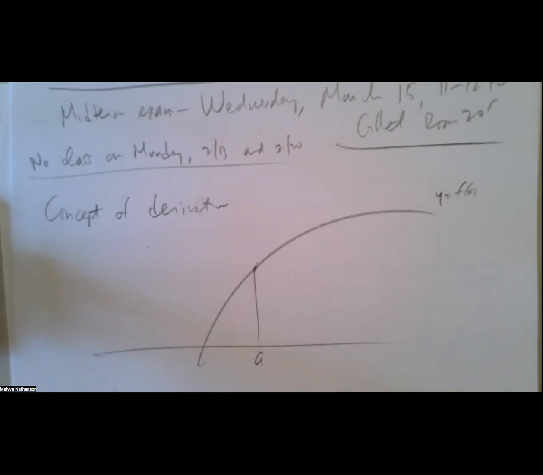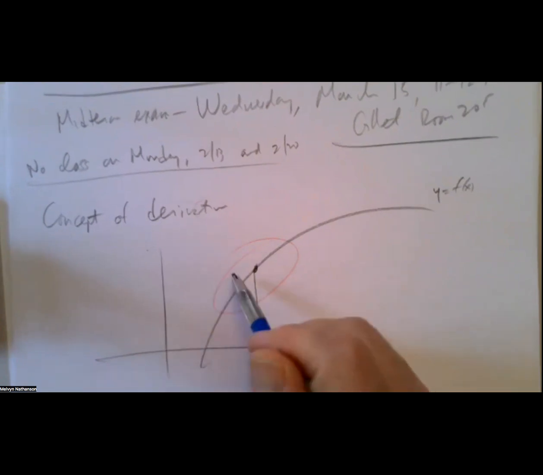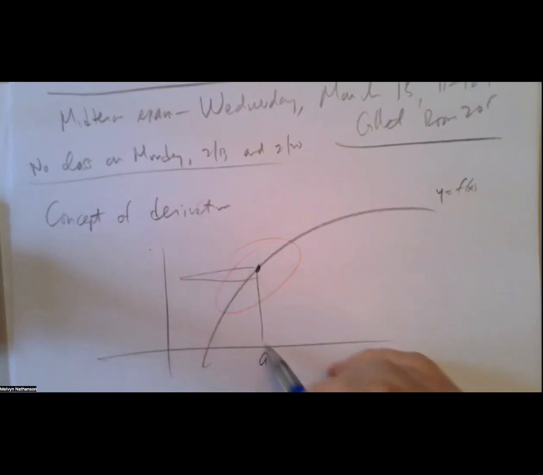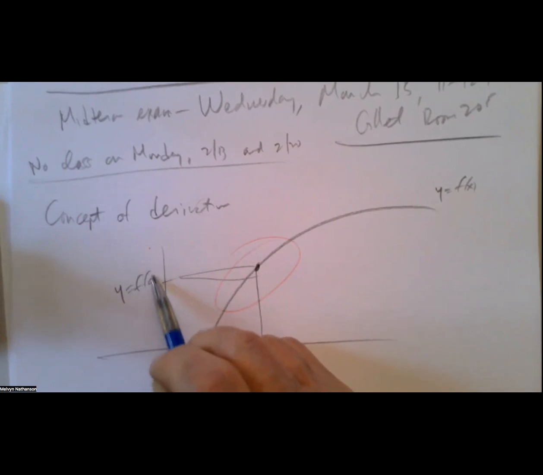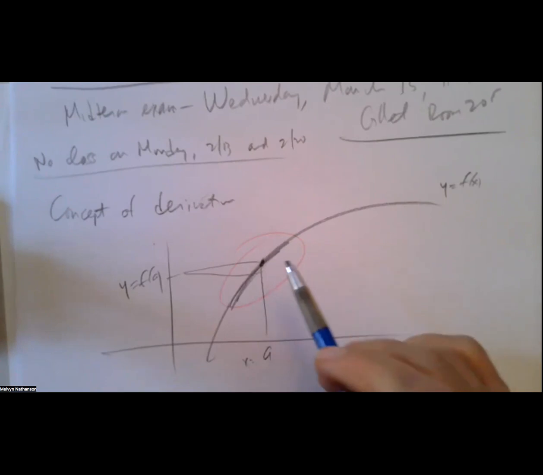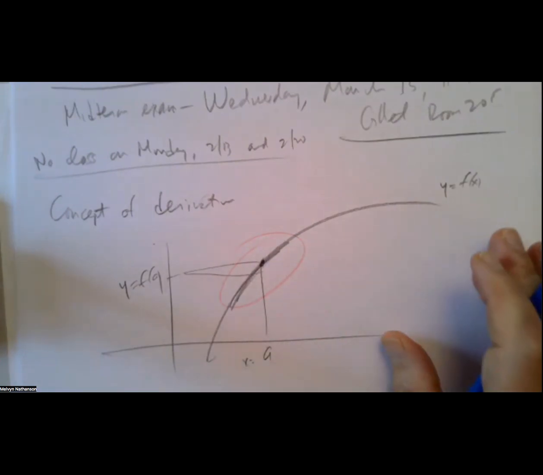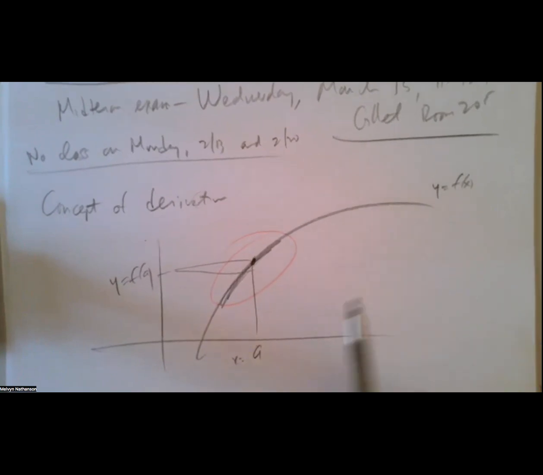And what we want to do is try to understand the function at some point on the curve. So this point on the curve would have coordinates x equal a and y equals f of a. And this can be a very complicated curve. And what's probably the least complicated curve there is a straight line.